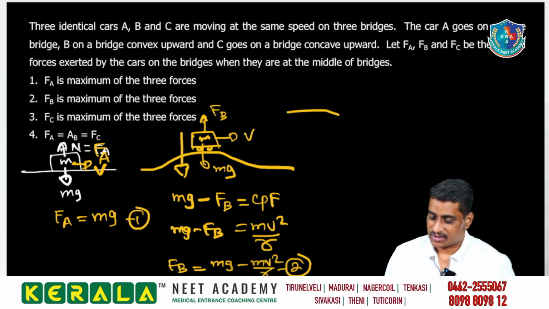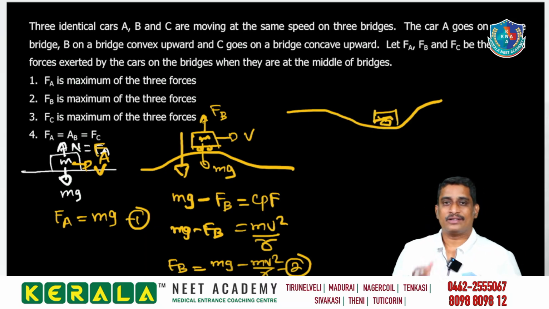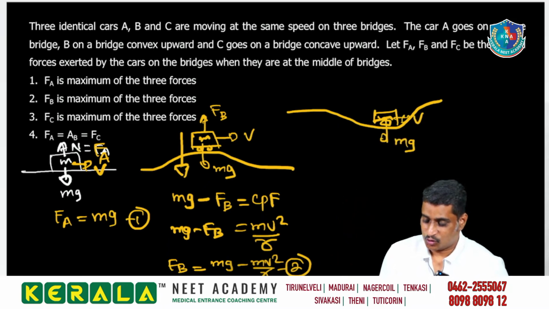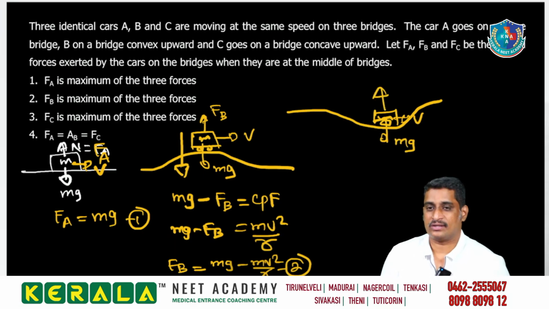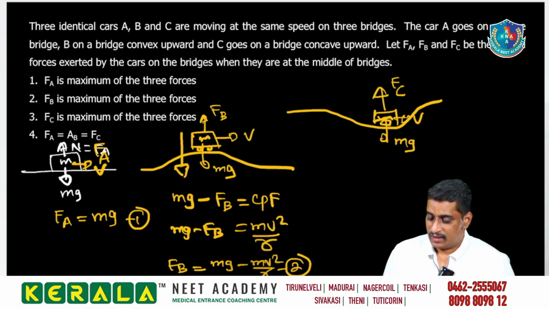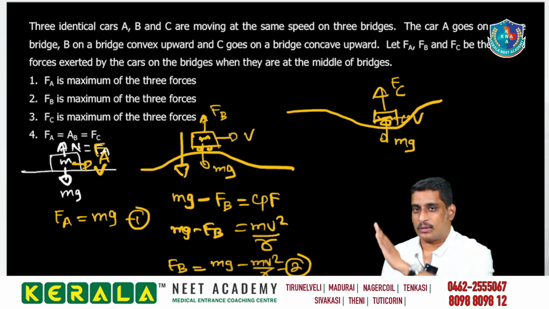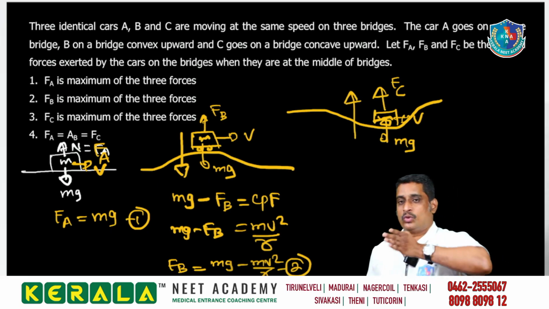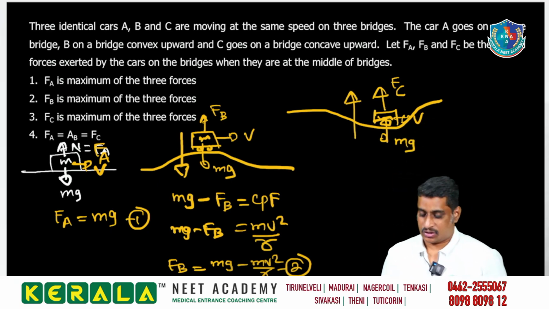Come to the third case. In the third case, that car is moving over a concave bridge portion with the same speed v. So here also two forces are acting over the car. One is mg, second one will be the contact force or normal force exerted by the bridge over the car, that is FC you can name. For this car to come into the circular path in this track, net force should be acted towards the center, nothing but centripetal force.